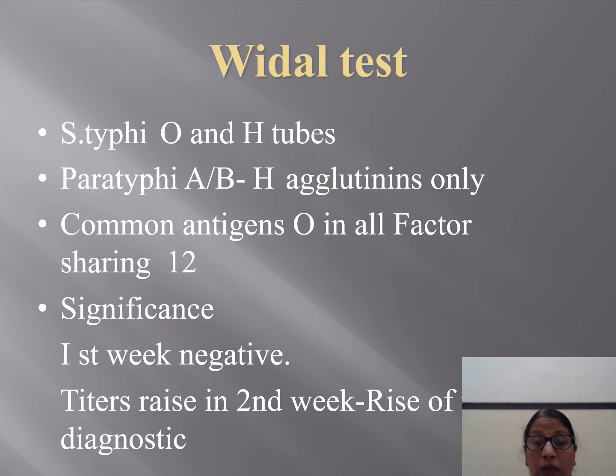If a second sample is taken in the third week, and we are able to demonstrate a rise in titer between the first week and the third week, then this is indicative of active infection with Salmonella, or that the patient is suffering from enteric fever.